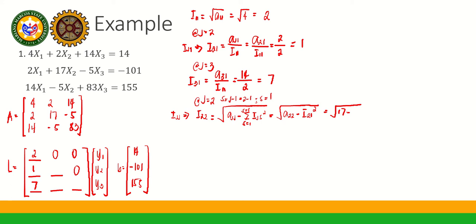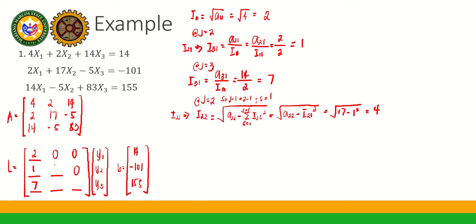Square root of 17 minus, what is our I21? It is 1. So 1 squared is equal to 1. So 17 minus 1 is equal to 16. So the square root of 16 is equal to 4. This is the value of our element I22. So 4. Okay, so we now have solved for I22.